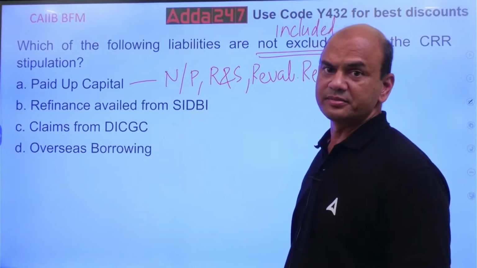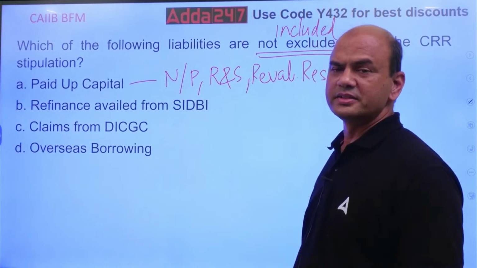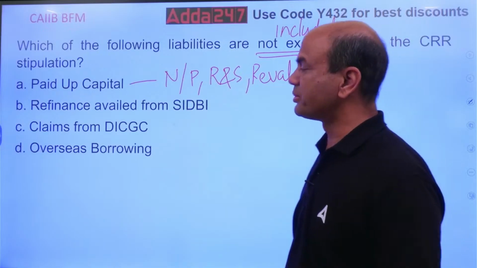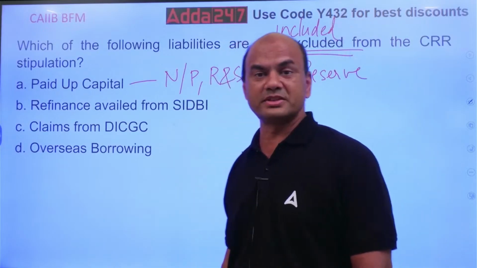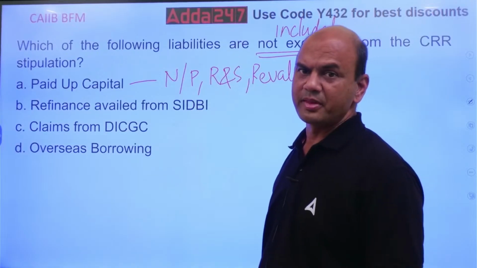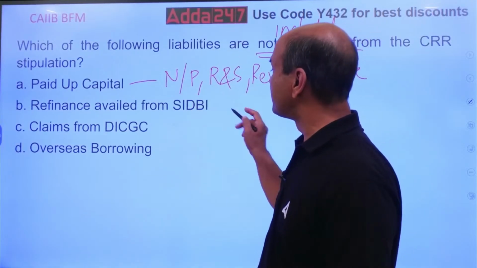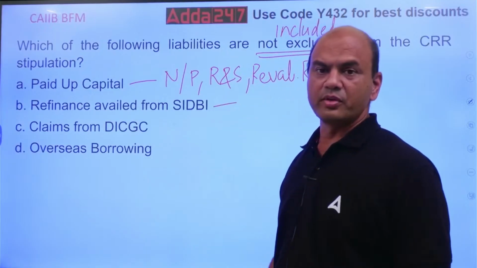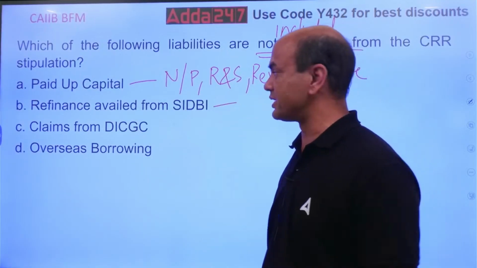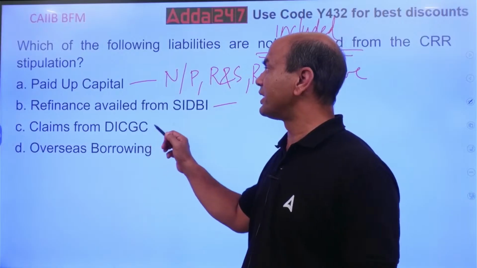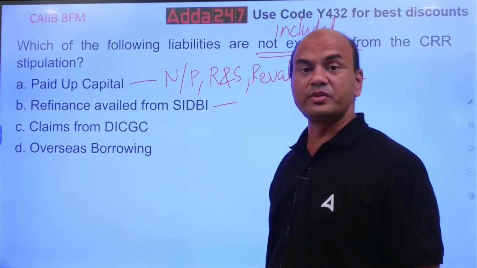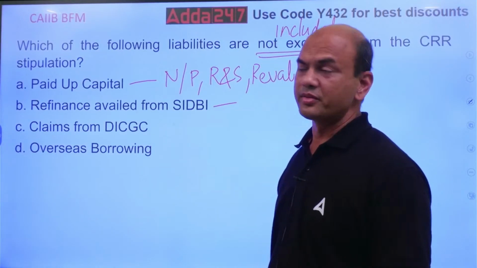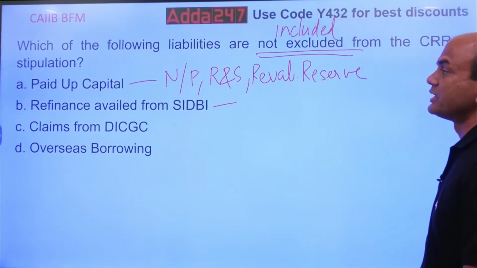Then second, refinance from CAIIB. This is not your regular business. So this will also be not excluded, so it will be included. Then claims from DICGC. This will also be included. Not excluded here means included.